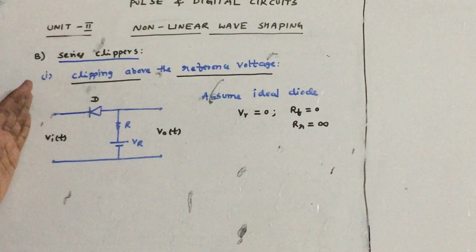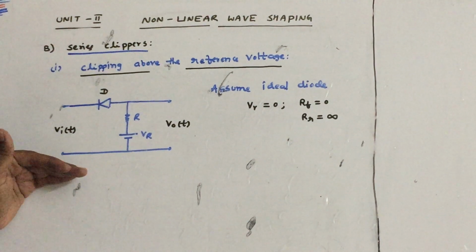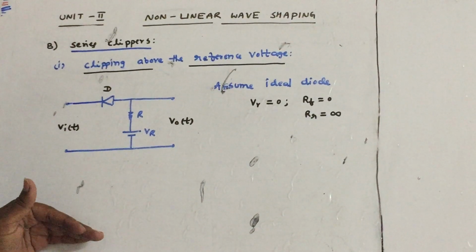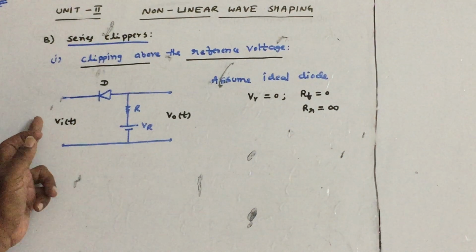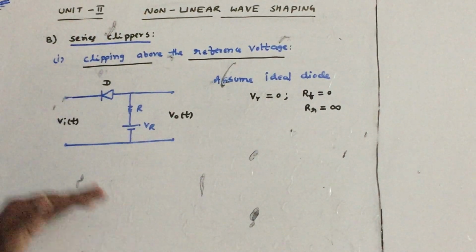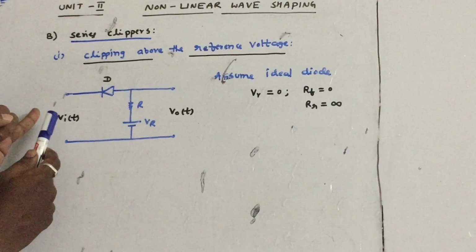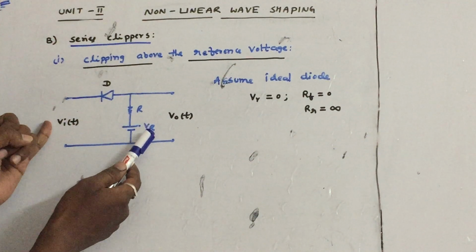Again, the circuit description is divided into three parts. First, operation. Second, drawing the transfer characteristics between the input and output. Third, what the output will be when a sinusoidal input is applied to this circuit. Let us see these points one by one. In the operation, we discuss only two conditions: when the input voltage is less than VR and when the input voltage is greater than VR.